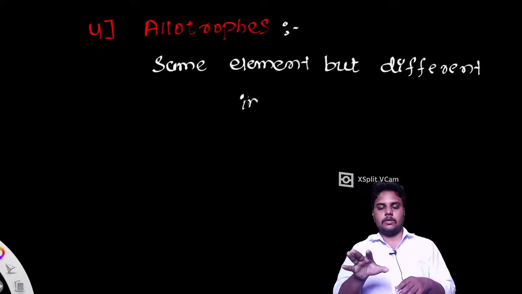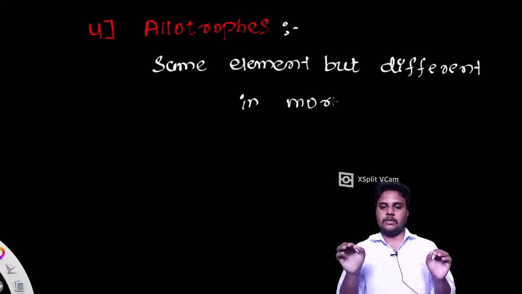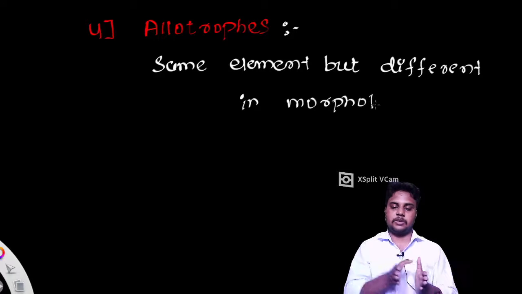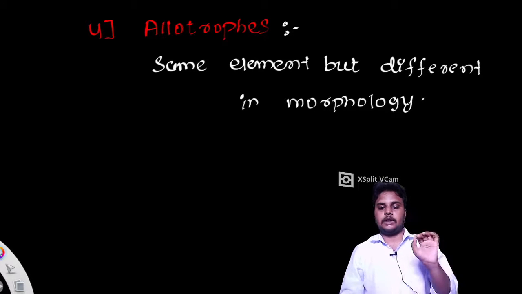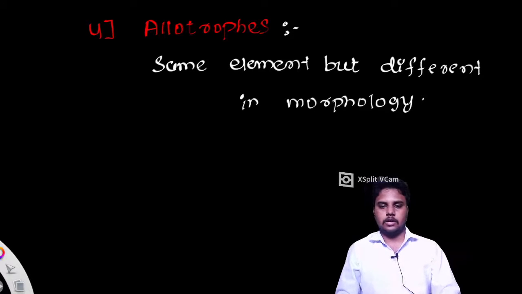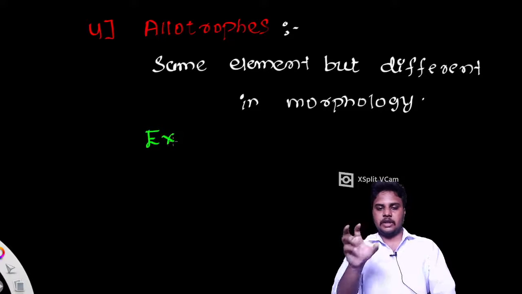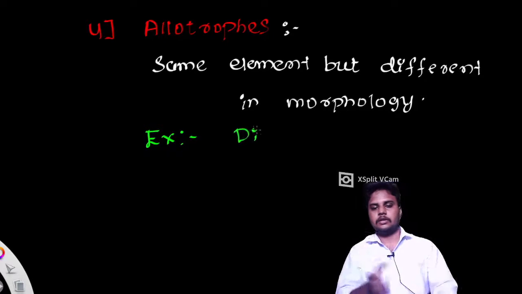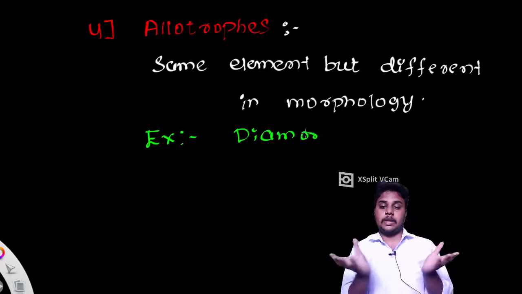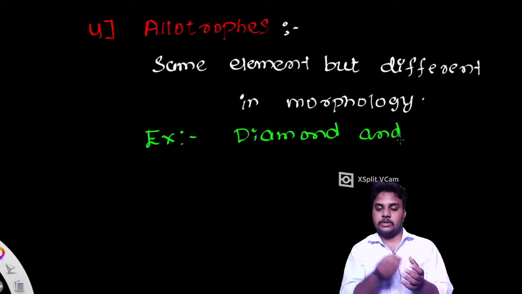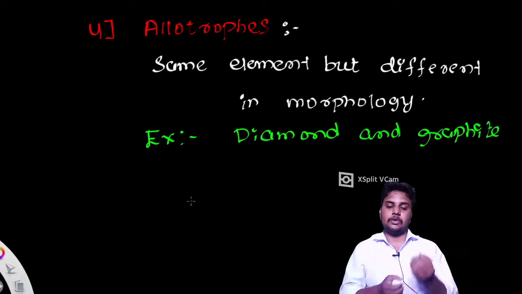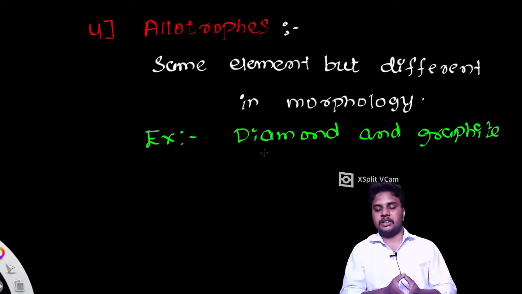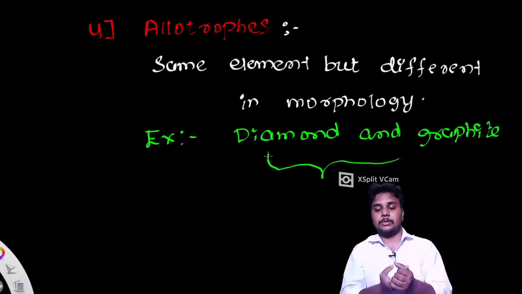Now we have the best examples for allotropes: diamond and graphite. If you observe, the diamond will glow very effectively when exposed to light, whereas graphite won't glow that perfectly.